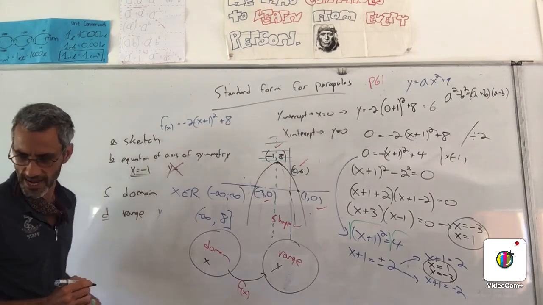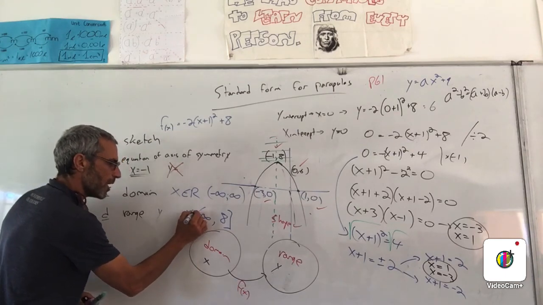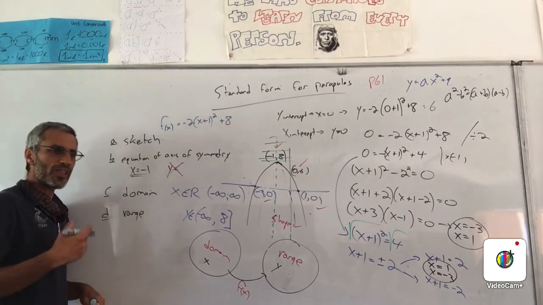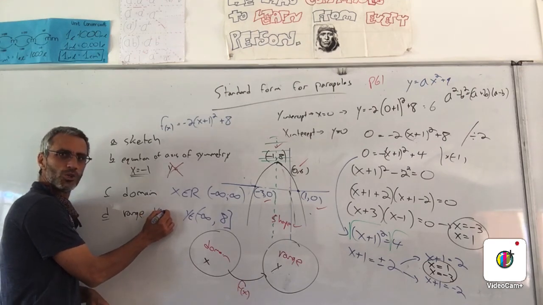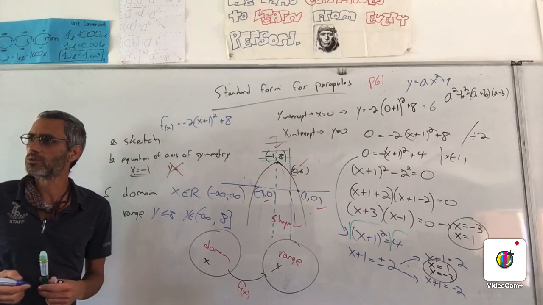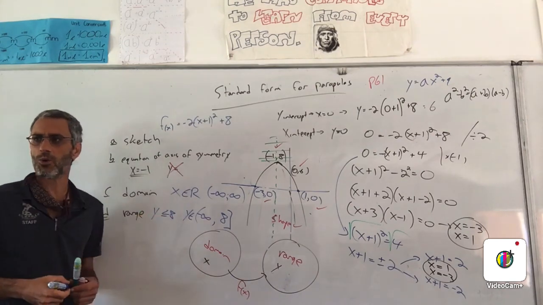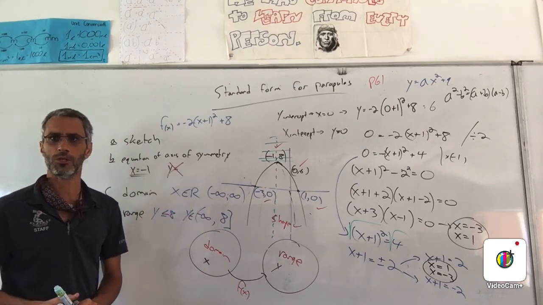But there's an easier way. I can simply say y is smaller or equal to 8. That's also possible. That's including it. Either one of them is possible.